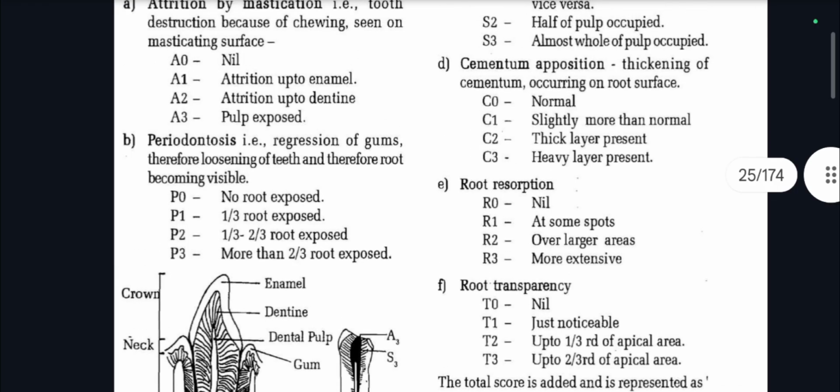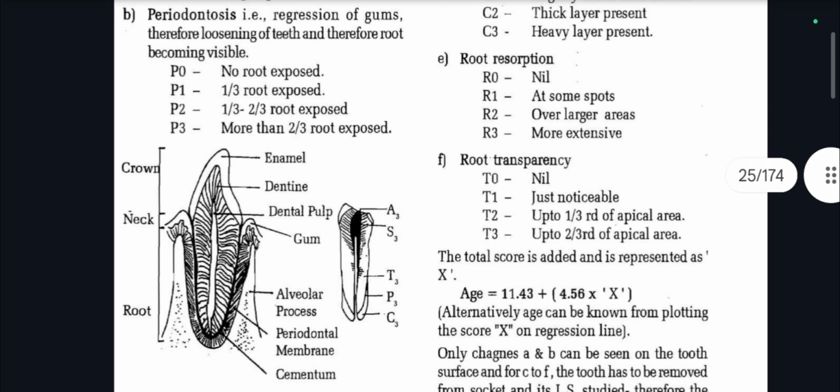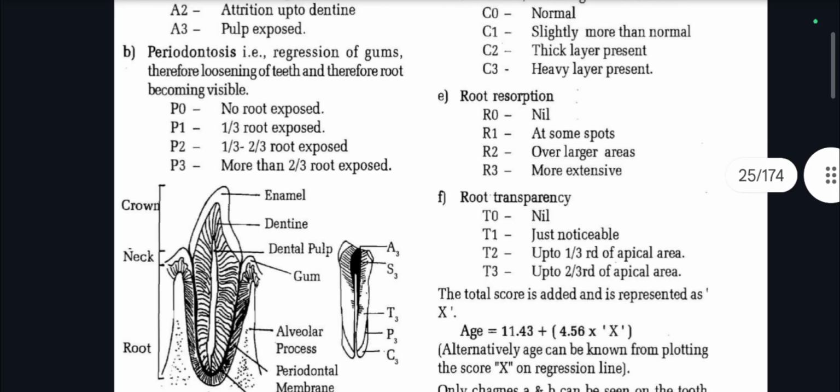What is periodontosis? Periodontosis, that is regression of gums, therefore loosening of teeth and therefore the root becoming visible. So periodontosis is nothing but decrease in the size of gums. That is nothing but regression of gums before loosening of teeth.